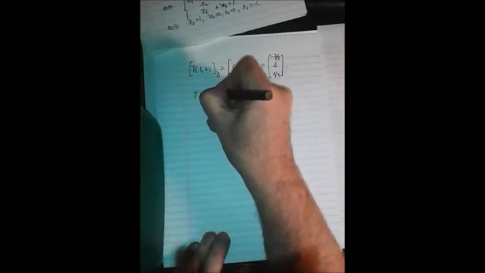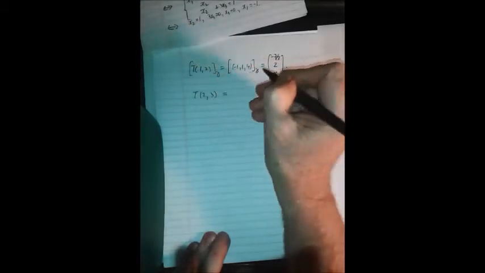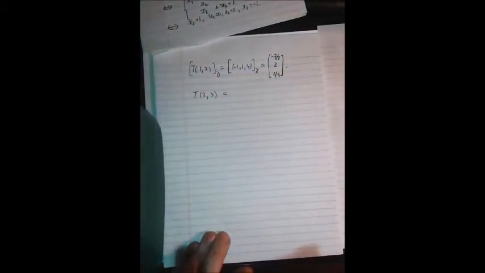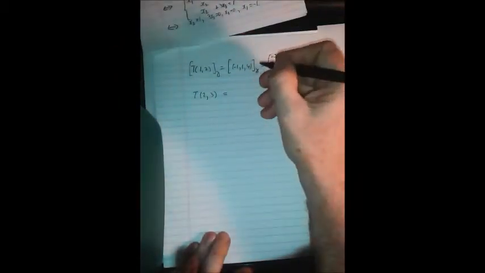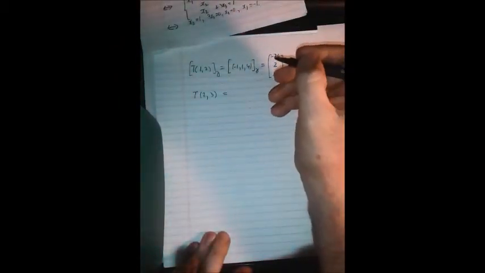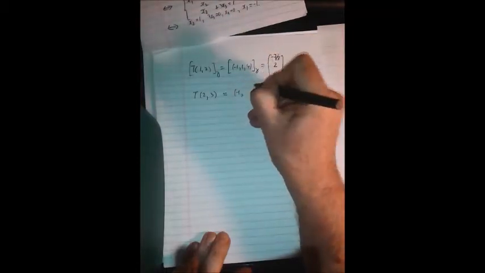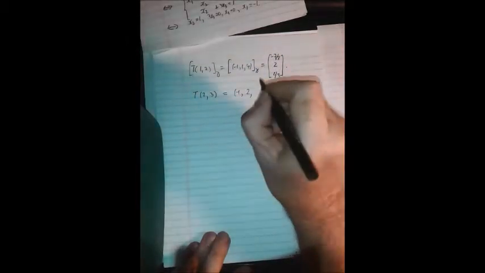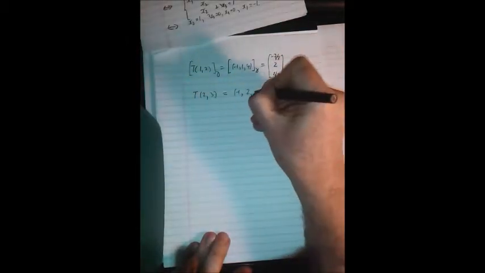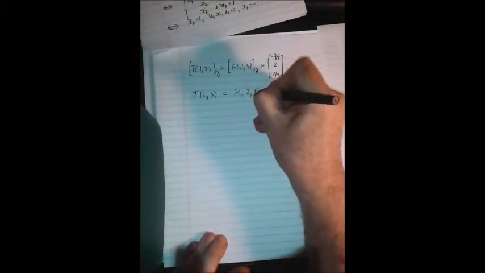So we next calculate T of (2, 3). This time we put a1 equals 2 and a2 equals 3, and we get (-1, 2, and in the last component 2 times 2 is 4 plus 3 is 7).